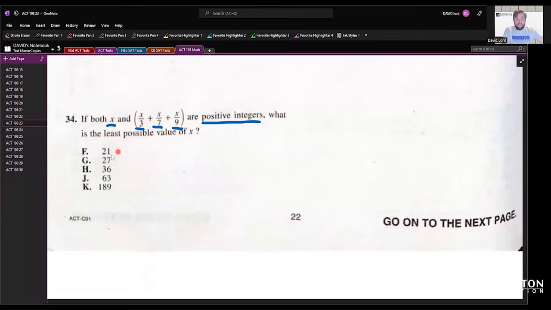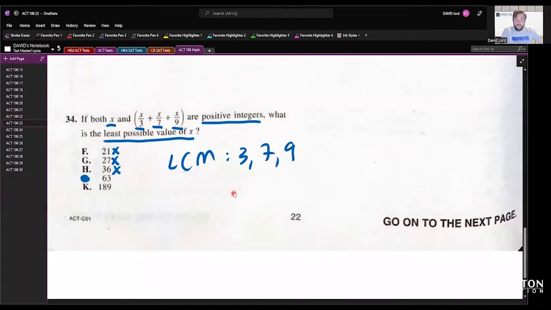Well, let's look at F. F is not divisible by 9, so we can cross it off. 27 is divisible by 9, but not divisible by 7. 36 is divisible by 3 and 9, but not 7. 63 is divisible by all of them, so that is a correct answer, and we want the smallest possible value for x.